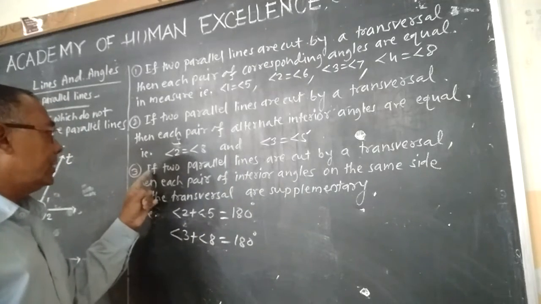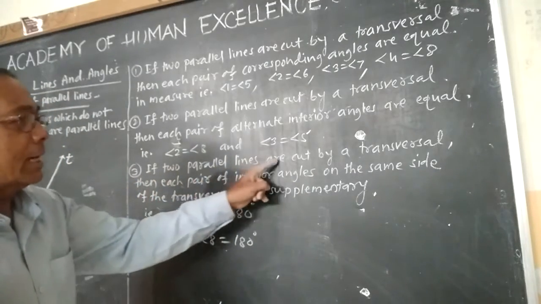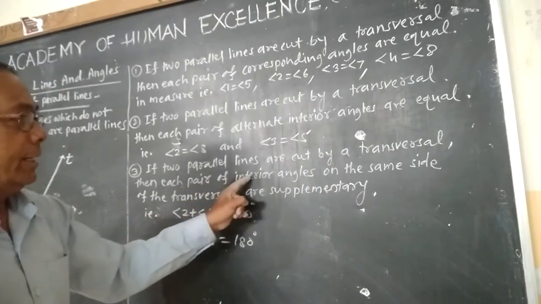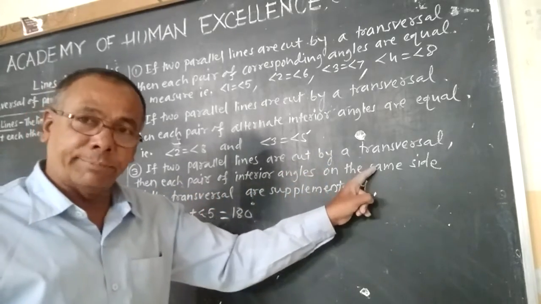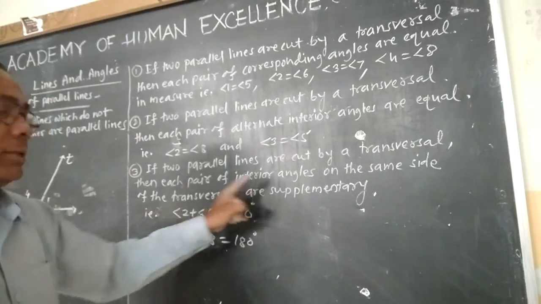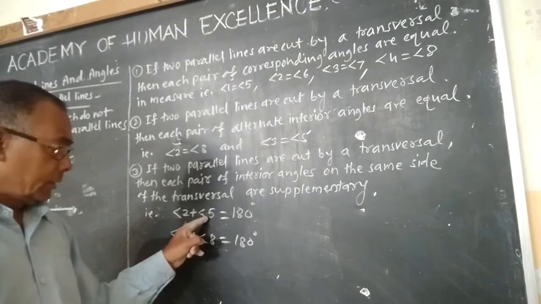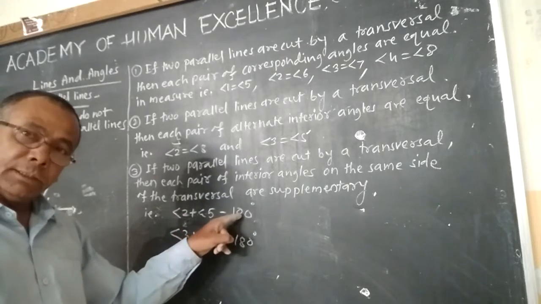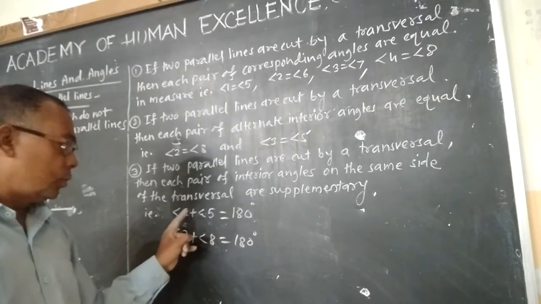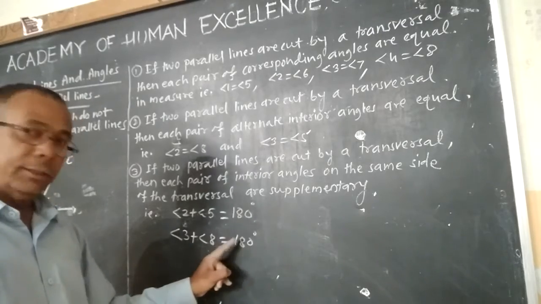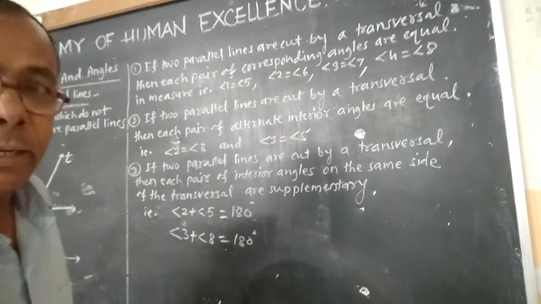Third, if two parallel lines are cut by a transversal, then each pair of interior angles on the same side are supplementary, meaning angle 2 plus angle 5, the sum of the measures, is 180. Similarly, angle 3 plus angle 8 is equal to 180 degrees.